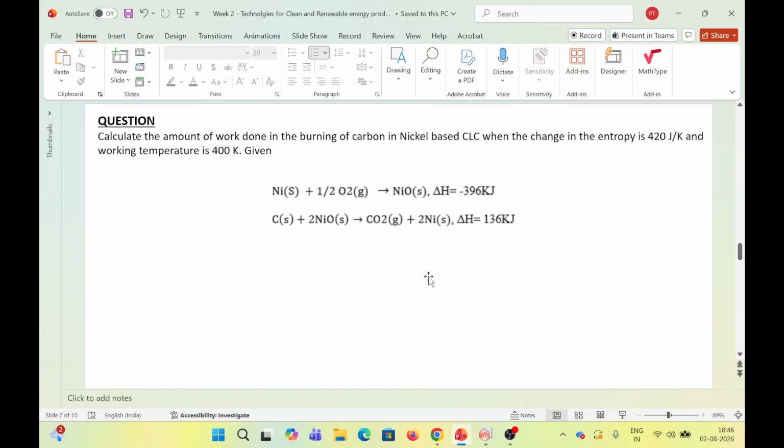You have the delta H values for the two reactions.